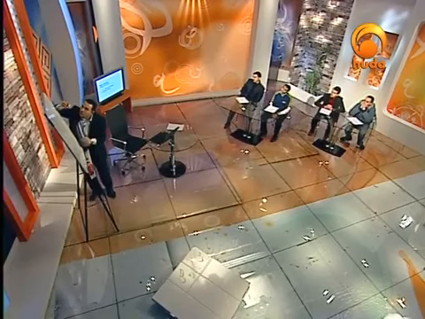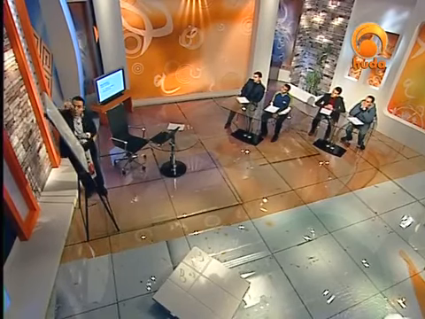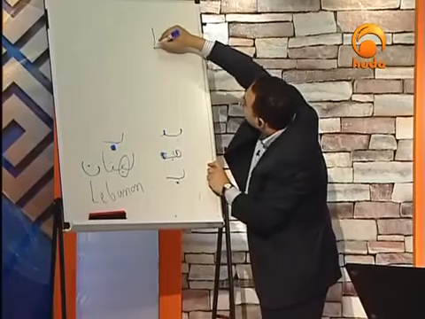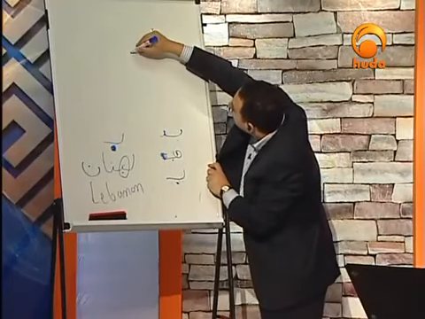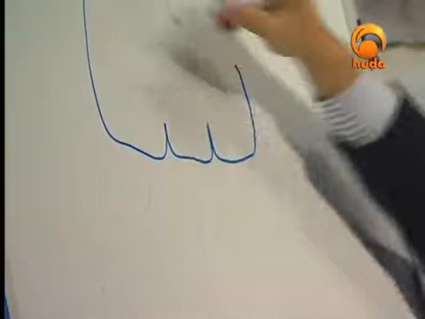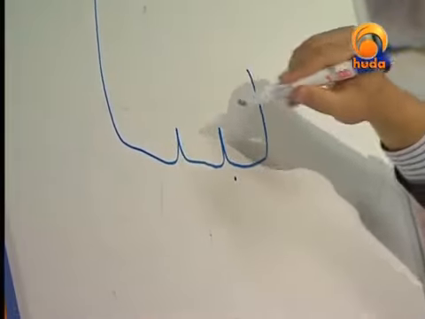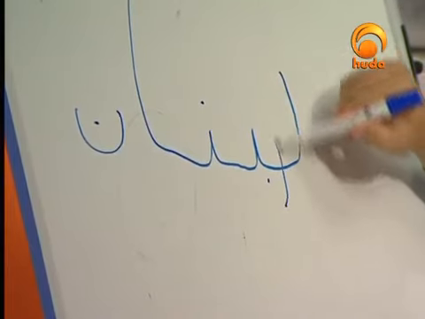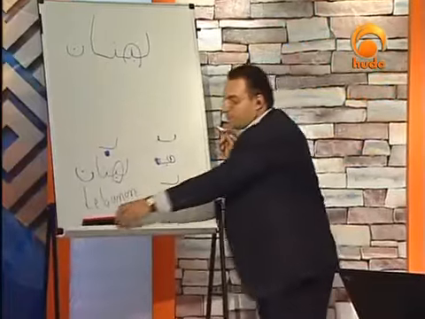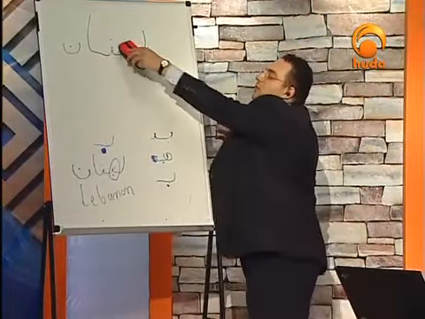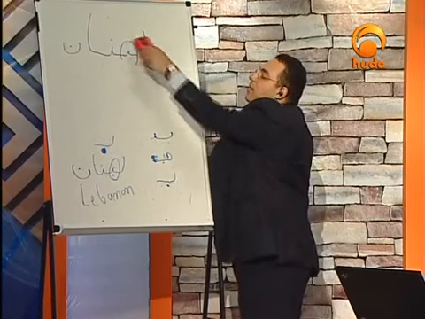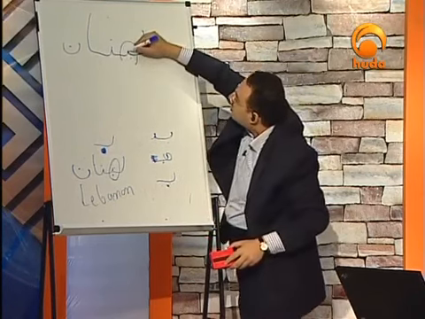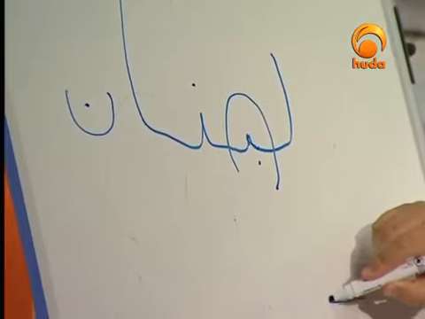Please focus on the style of writing here. Well, actually, you shouldn't make this very tall in this way. You can make that short. So ba here is coming in this form.